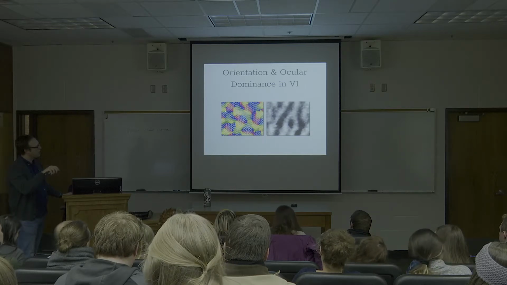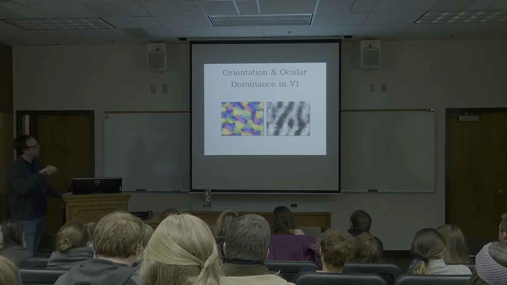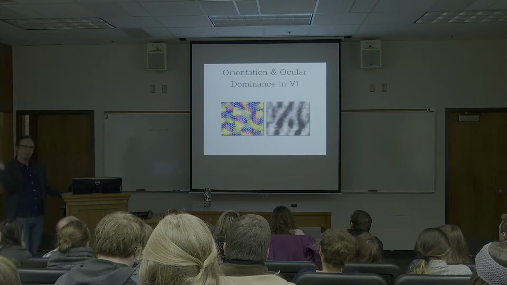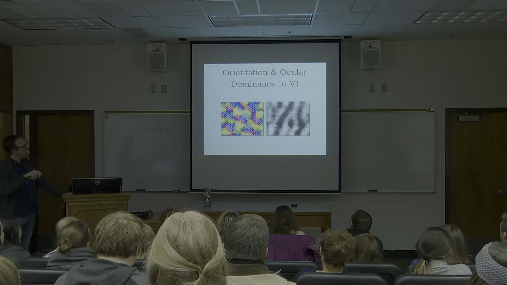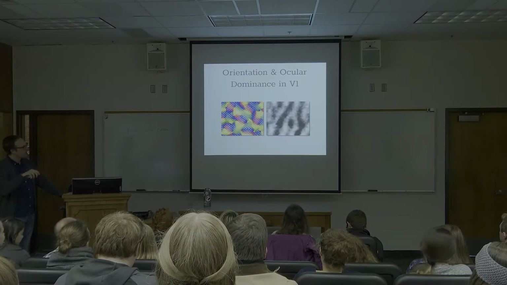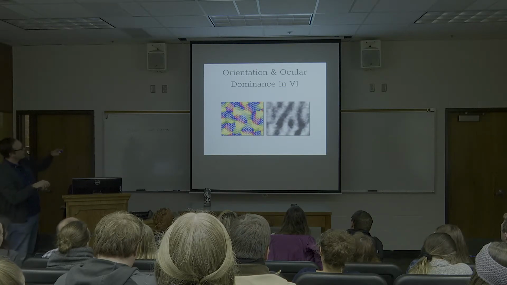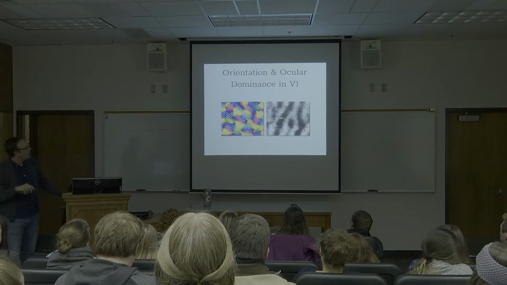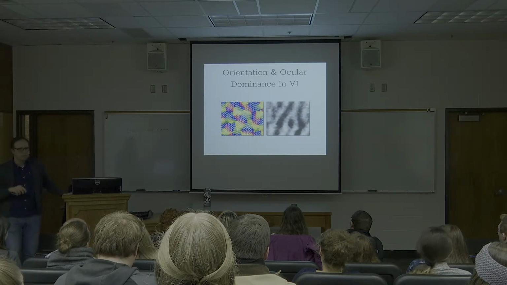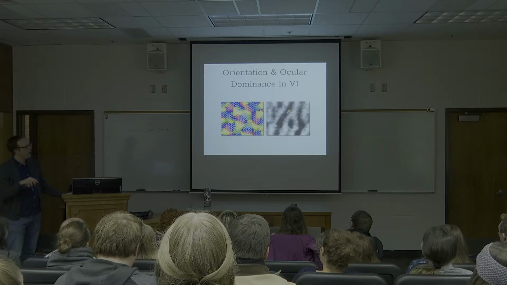You have neurons that respond to lines of a certain orientation, and the colors correspond to the various orientations. Red is horizontal, green is vertical, blue is up to the left, yellow is up to the right. And then these stripes are ocular dominance columns, responding to the right eye, the left eye, the right eye, the left eye.